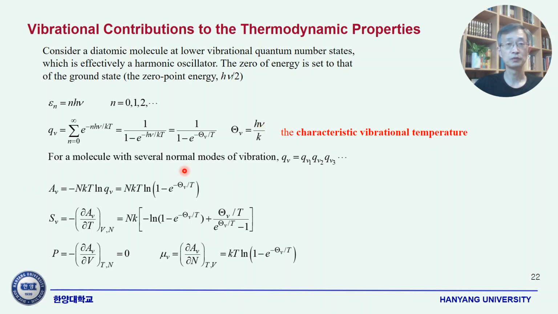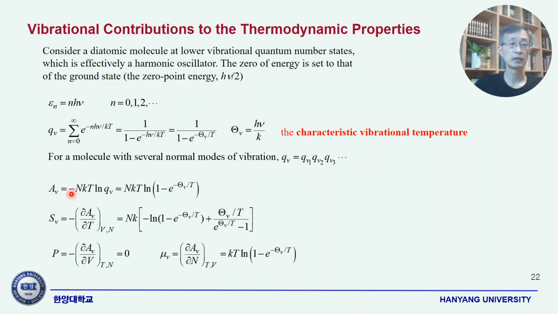Also, if you have more than one normal mode, there is one vibrational partition function for each mode. So the total vibrational partition function is the product of all the partition functions for the particular modes.